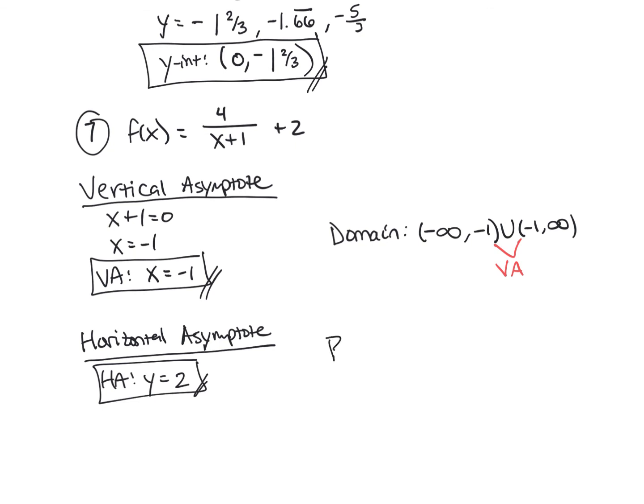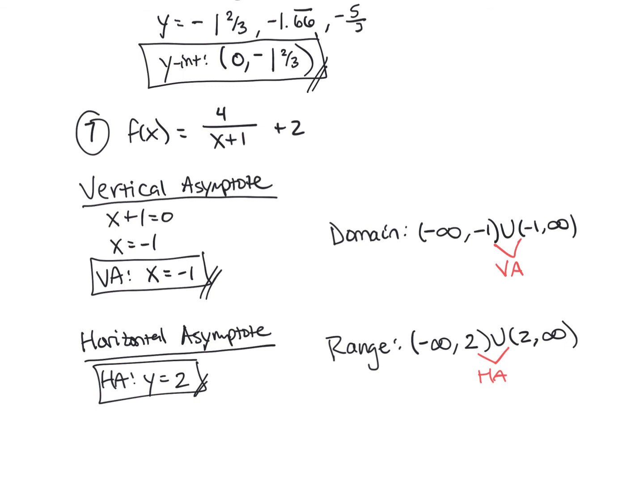And because that's dealing with our y values, our range is going to have a break at 2. So from negative infinity to 2, and continuing from 2 on to infinity. We can get really, really close to our asymptotes, but not quite equal them, so that's why we're using parentheses. We have that break because that's our horizontal asymptote.